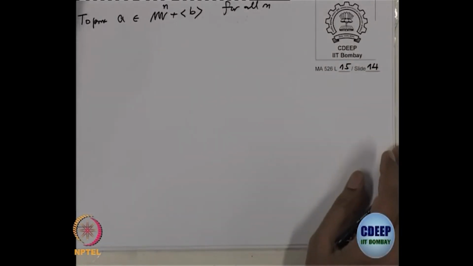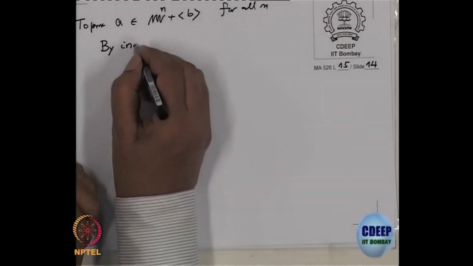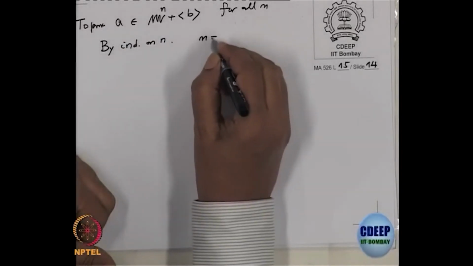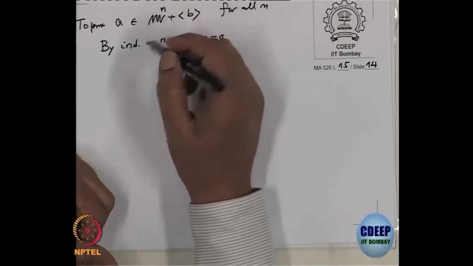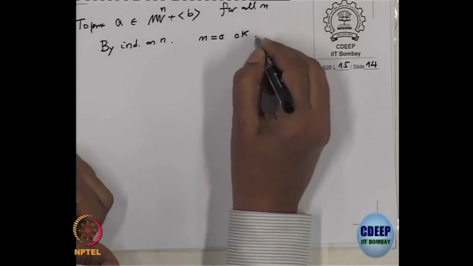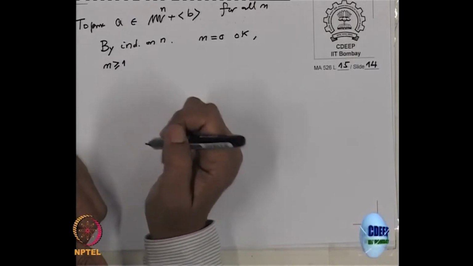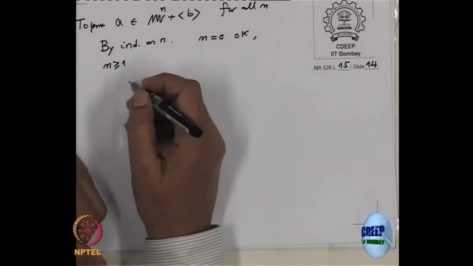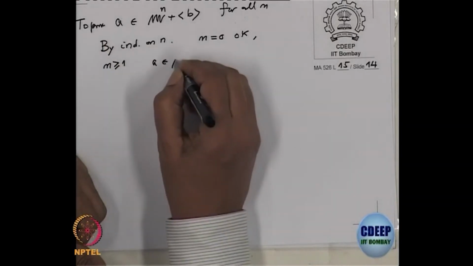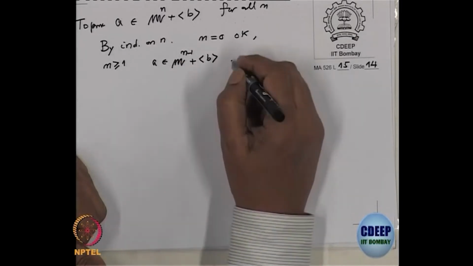all right. This I am going to prove by induction on n. If n equals 0, it is clear, because m power 0 is the ring itself and there is nothing to prove. So, I assume n is bigger than or equal to 1, and then by the induction hypothesis I can certainly write a as in m power n minus 1 plus the ideal generated by b.